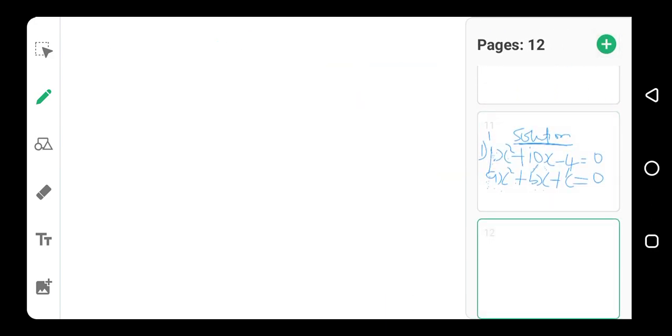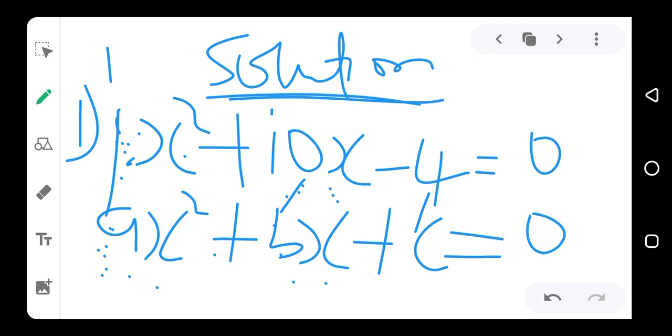Number 2, step 2. The step 2 is to make sure that the value of a is 1. Already we have compared and we have seen that the value of a is 1. So there's no need to divide anything again since the value of a is 1.